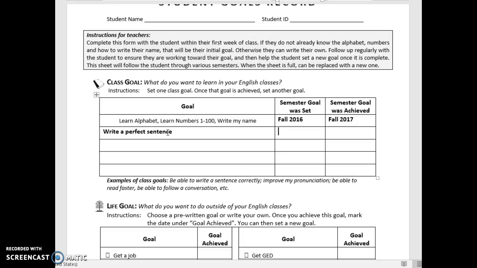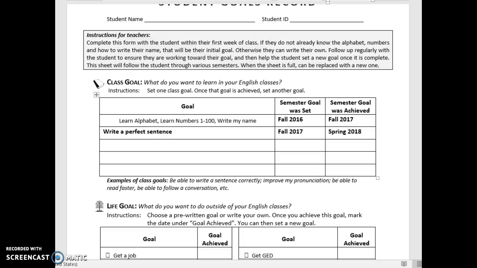Now in this example here, the student has already achieved one goal, and so when they achieved that in fall 2017, that's when they set the next goal. So this would be set in fall 2017, and they would work on this until they achieve it, at which time you would put maybe they mastered this fairly quickly, and in spring 2018 they moved on.